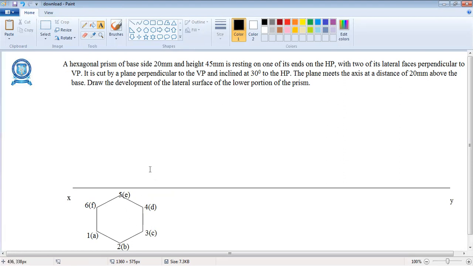Now we are going to do the front view of the hexagonal prism. Project the points to the XY line.